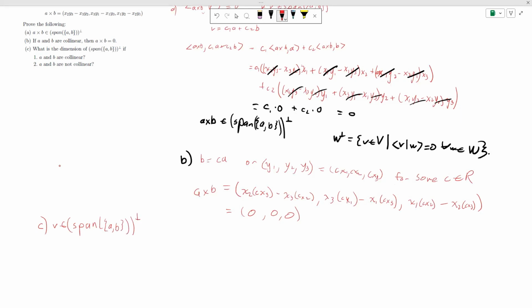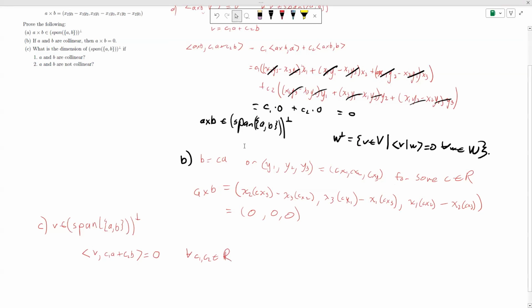Here, this means that the inner product of V with C1A plus C2B is equal to 0 for all C1 and C2 in the real numbers.